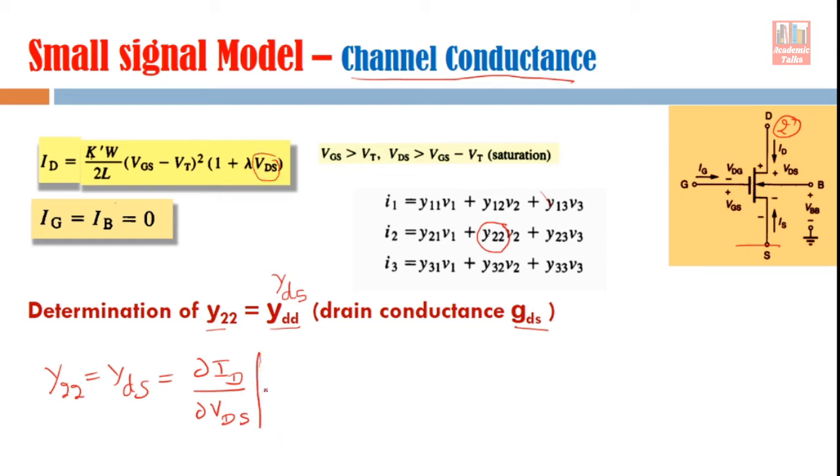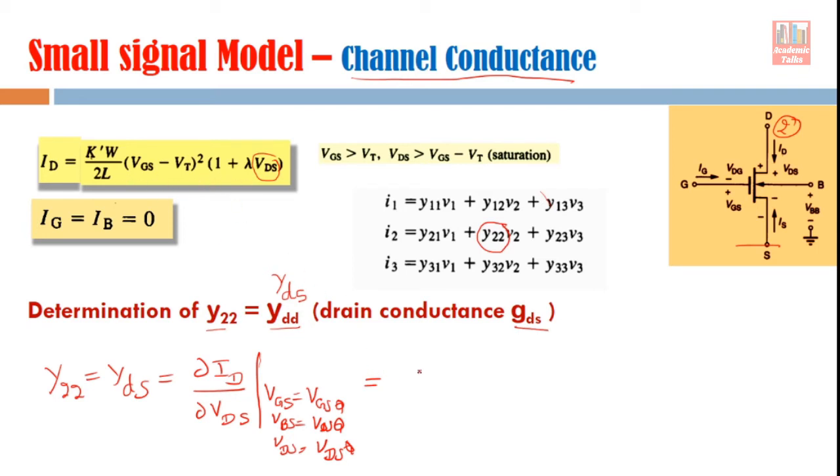And all other voltages, VGS, VBS, VDS, are all at their Q-point values: VGSQ, VBSQ, VDSQ, like this. So if you differentiate this ID with respect to VDS, what will you get?